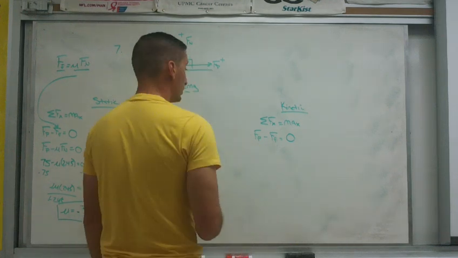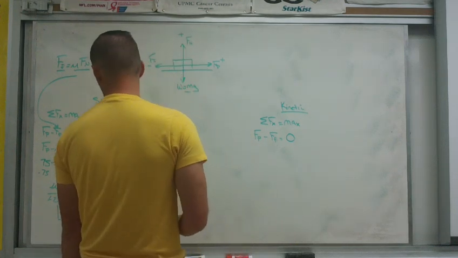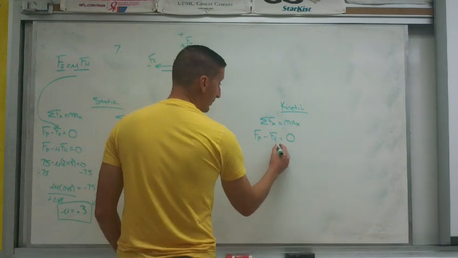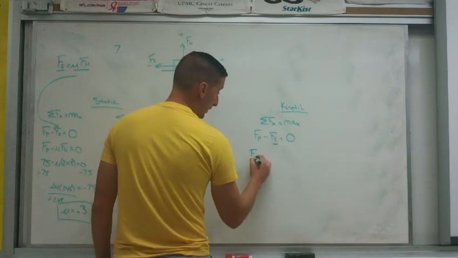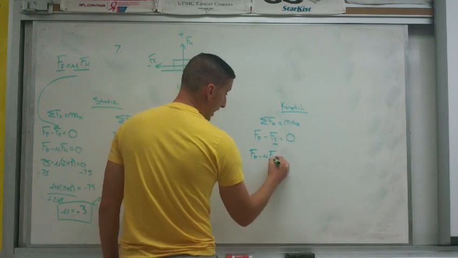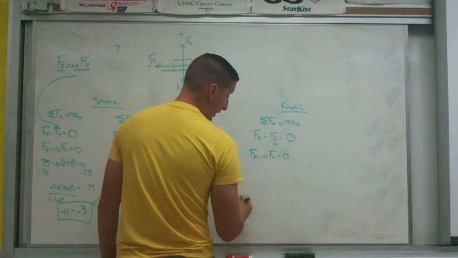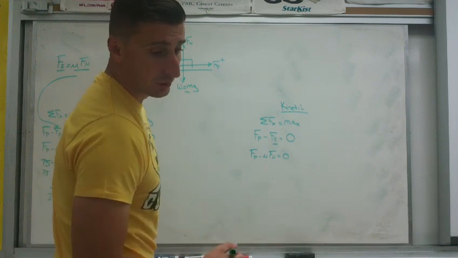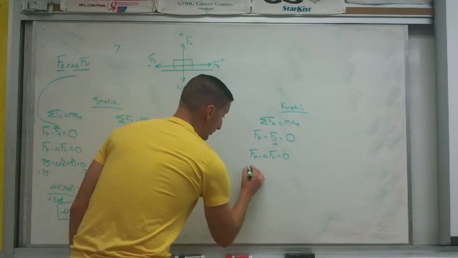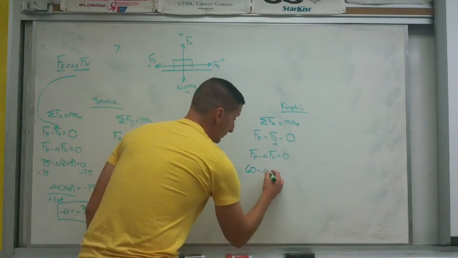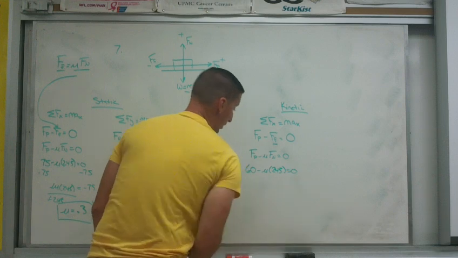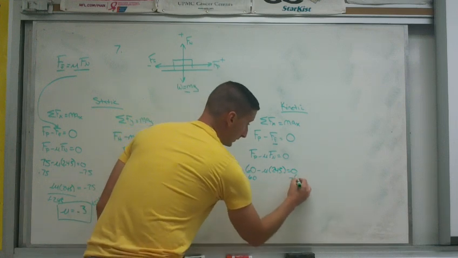All right? So if I look at this, FP is now, well, I got to get mu in there. So again, I do the same thing. I go FP minus mu Fn equals 0. I know the normal force, it's the same as the other one. So I know it's 60 newtons that keeps it moving at a constant speed, minus mu Fn, which is 245, equals 0. Subtract 60.